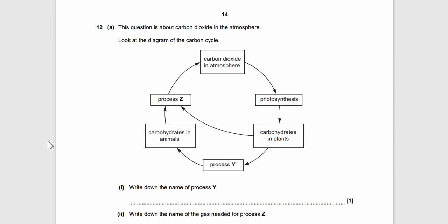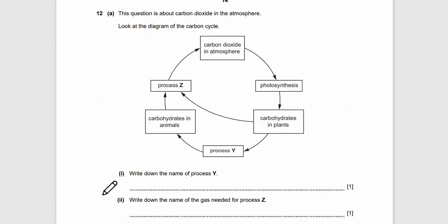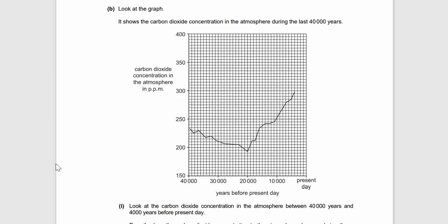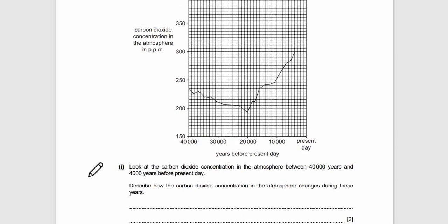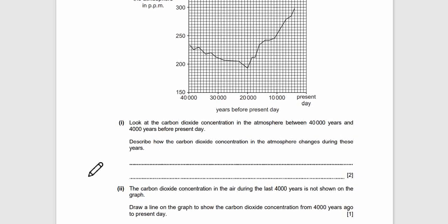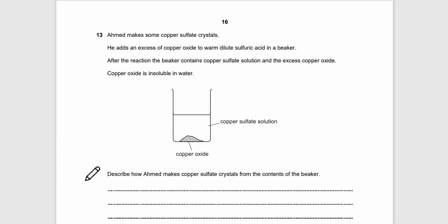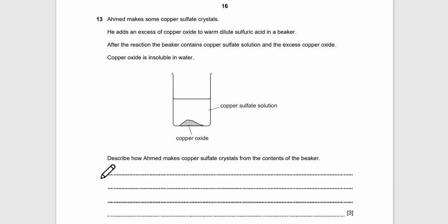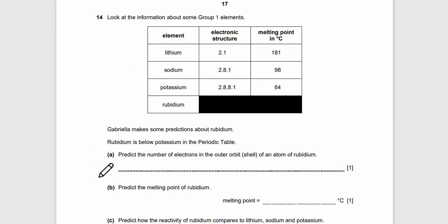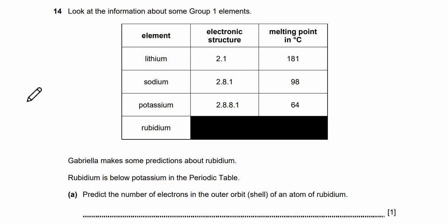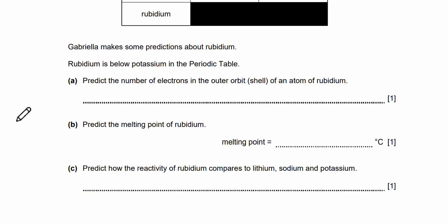And this is question 12A, part 1 and 2, followed by question 12B, the diagram and the graph, part 1 and 2, and then C. Now question 13, and then 14A, B, and 14C.